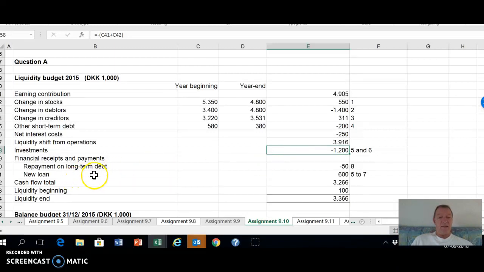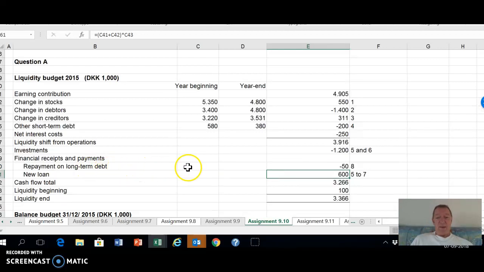And then we have here a new loan of 600 because we only paid half of the 1,200. So we have to establish a new loan. So the 1,200 is a minus, the 600 is a plus because it's a new loan. So the net effect of these is a cash decrease of 600.